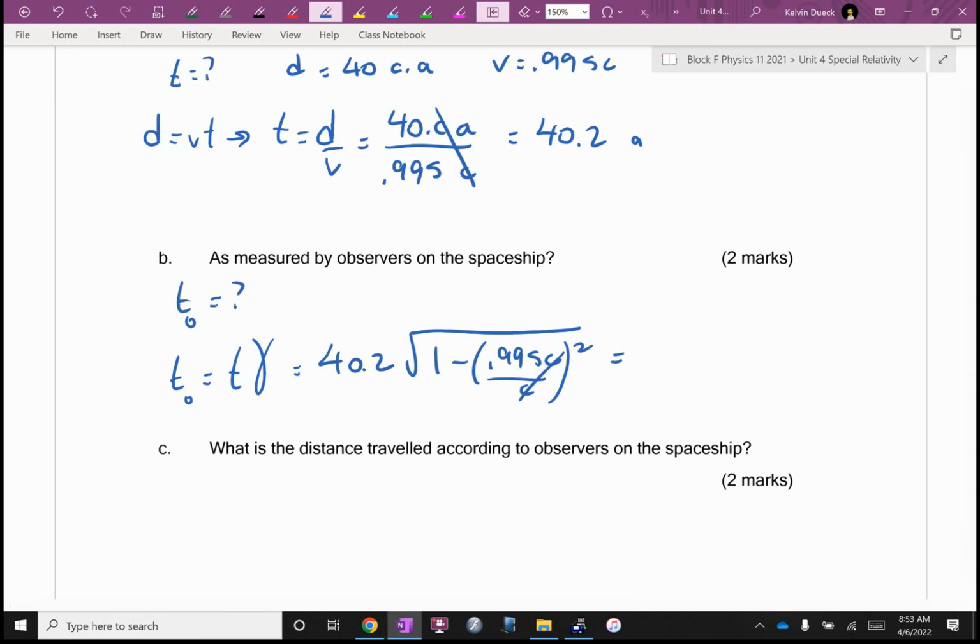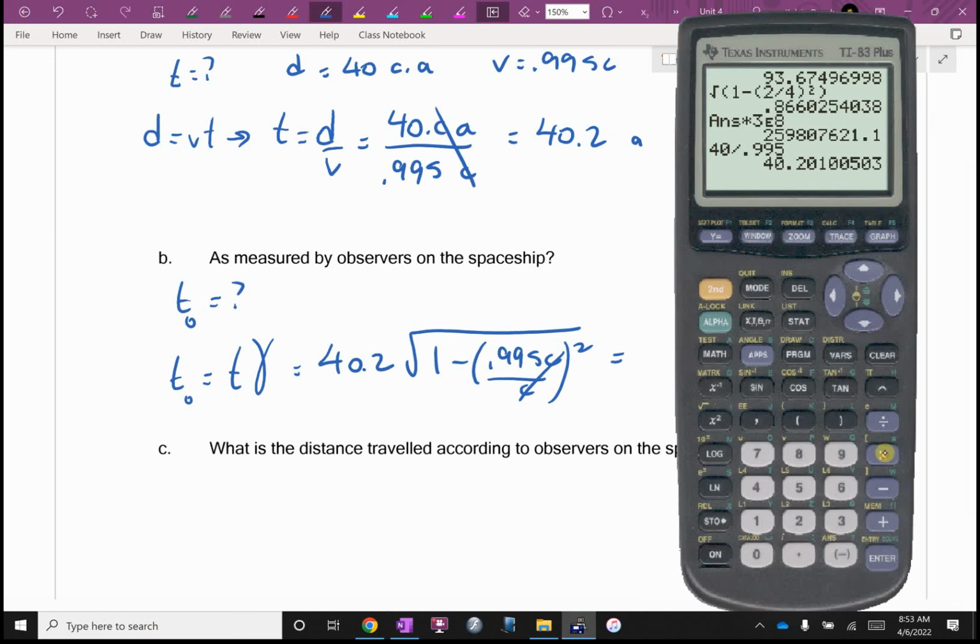I suspect the time is going to be way smaller for them. Answer button times square root of 1 minus 0.995. Don't forget the squared. And I get 4.015. I'll write 4.02.